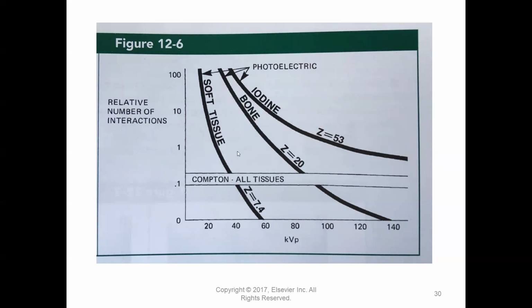But we've gone from 0.1 to, let's say, 50. So about 500 times more likely that your X-ray would be absorbed in the bone rather than the soft tissue. But even greater odds that the iodine is going to absorb rather than the bone.